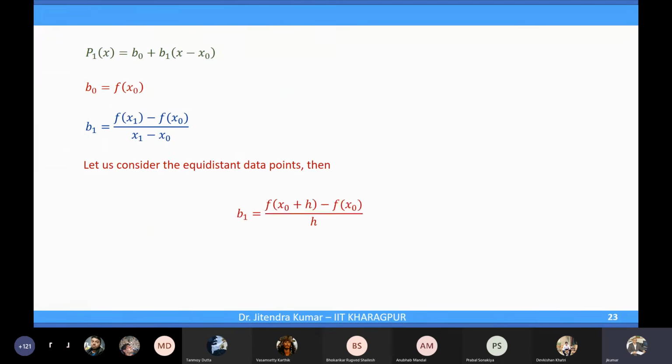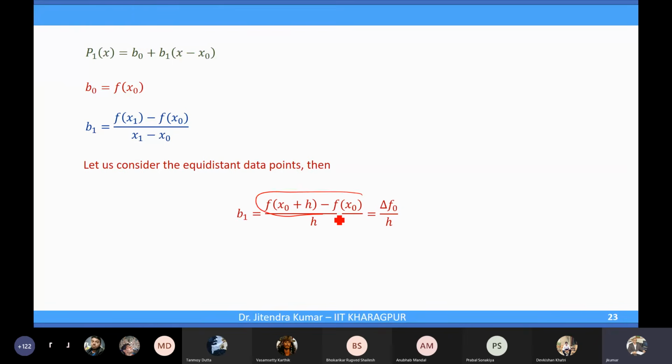Our equation was b0 + b1(x - x0). And we are considering equidistant data points. If we consider equidistant data points for deriving Newton's forward difference formula, your coefficient b1 is nothing but (f(x0 + h) - f(x0))/h.